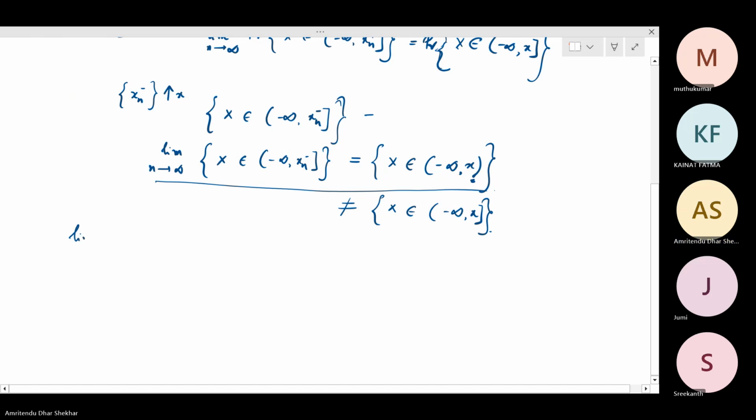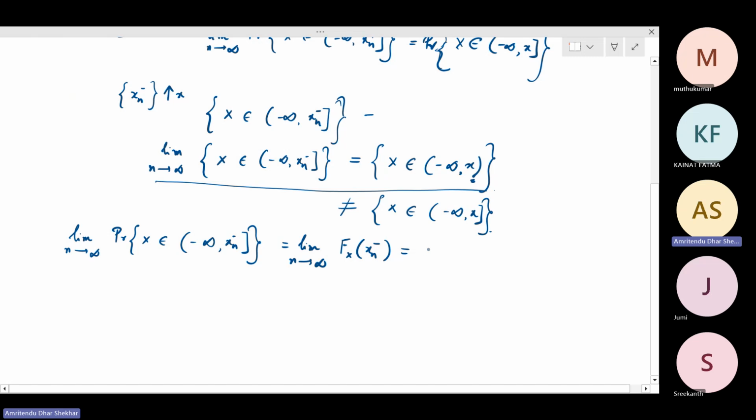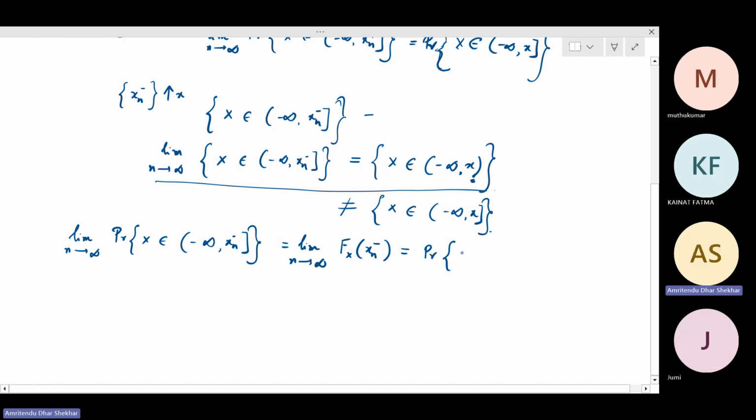So the limit as n tends to infinity of the probability of X belonging to minus infinity comma xn, which is just the limit as n tends to infinity of F X of xn minus, is equal to the probability of X belonging to minus infinity comma x, open.